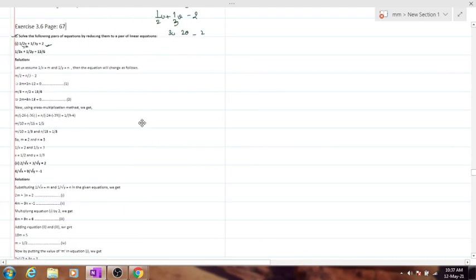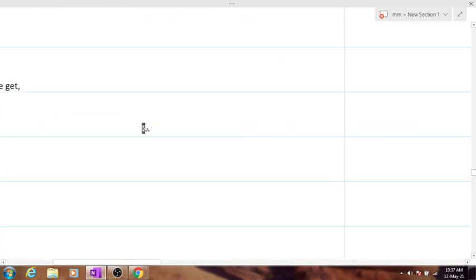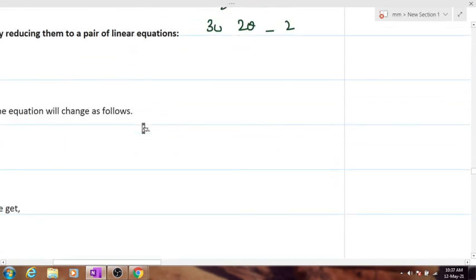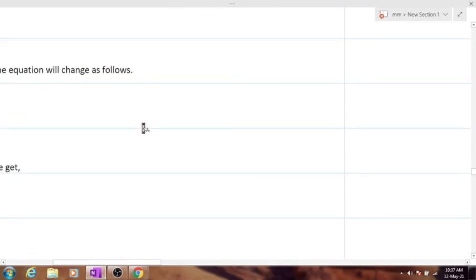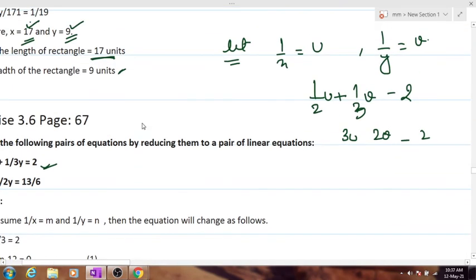You can take mn, ab, or xy. If xy is given, then you will have to take something else, pq also. So your final equation will look like this: is equal to 12.